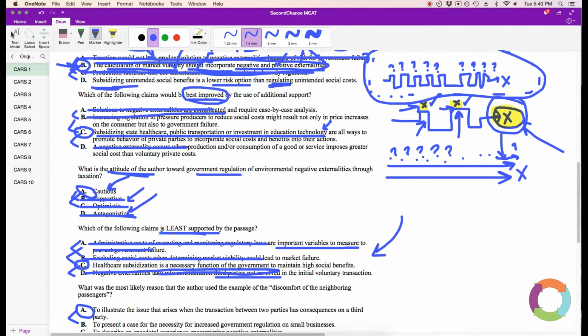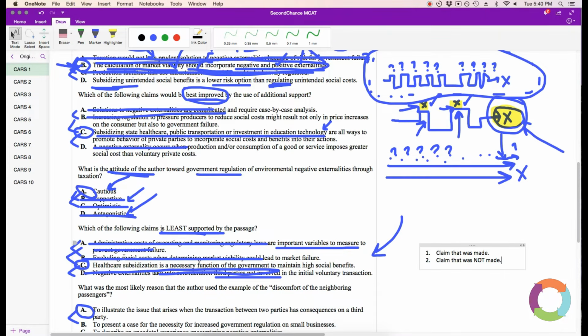Which of the following claims is least supported by the passage? So in these situations, you have only 2 options: a claim that was made, or a claim that was not made. Those are your only 2 options.